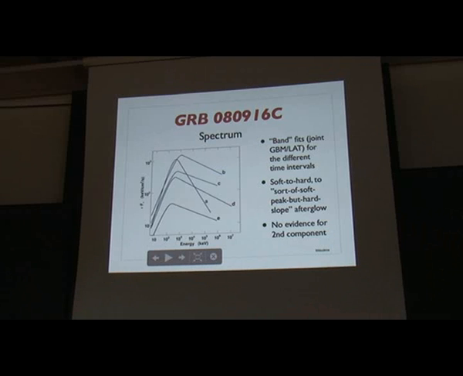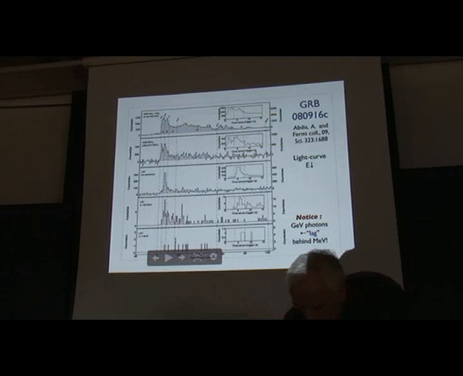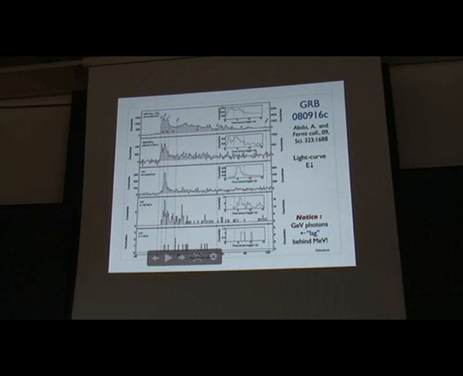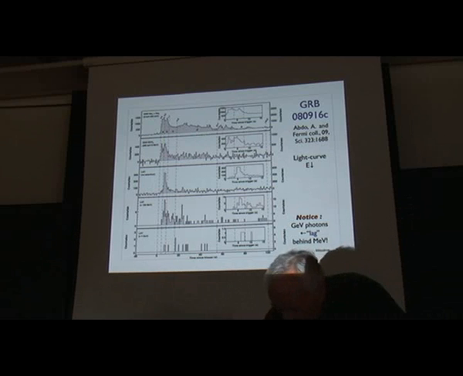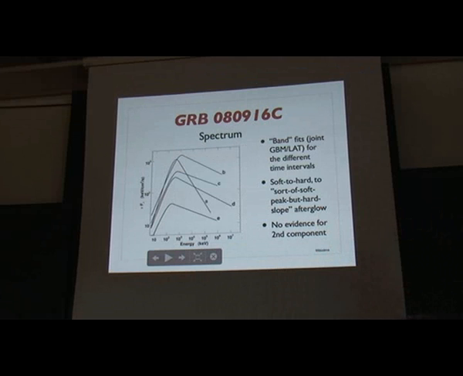These are 5 time intervals, which were discussed yesterday, with light curves at lower energies, somewhat higher energies, and then the two LAT energy bands, greater than 100 MeV and greater than 1 GeV. The spectra are just plain, uninteresting Band functions.